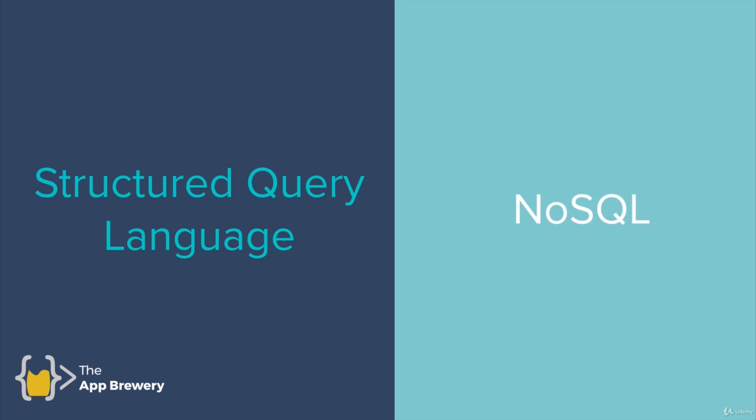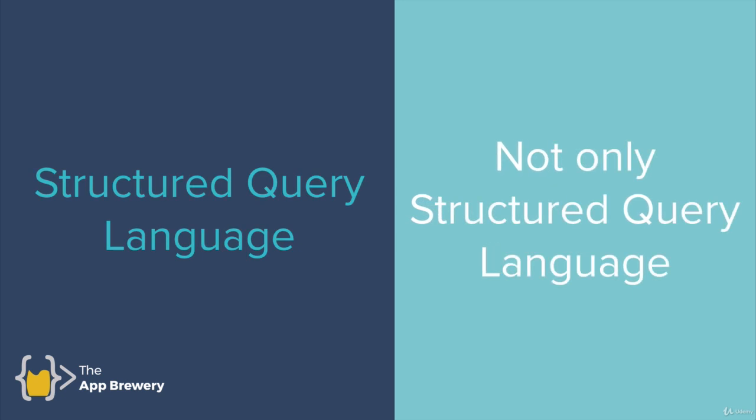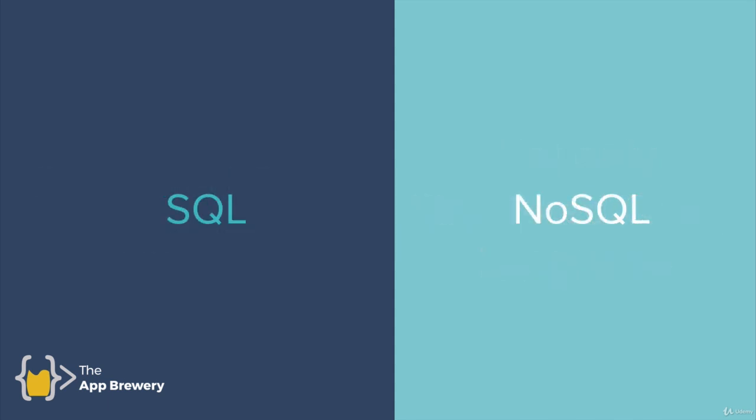Now, NoSQL stands for Not Only Structured Query Language. So they can actually be any format as long as it's not SQL, although most of them follow a very similar structure. Those are the two big families of databases that you get to choose from. And we're going to talk about the differences between each, and I'm going to show you how to work with both of these types of databases.